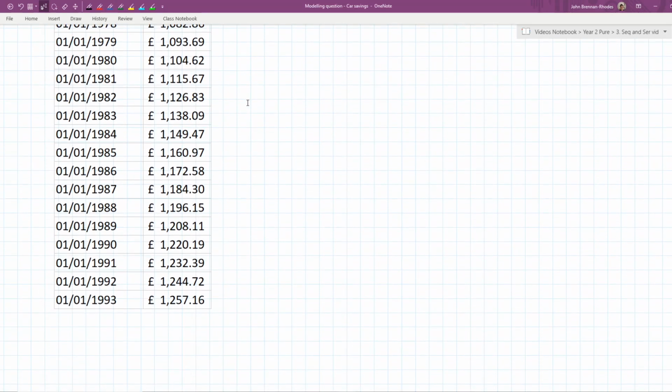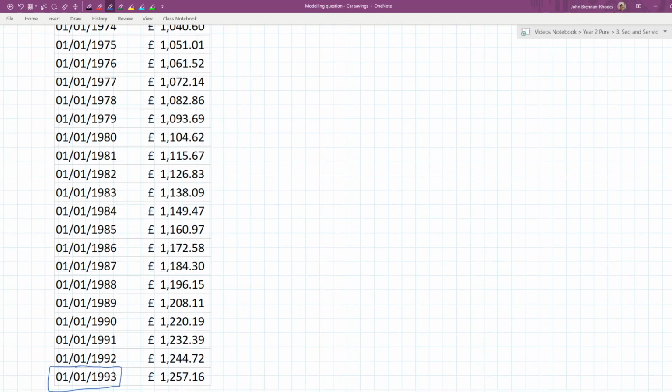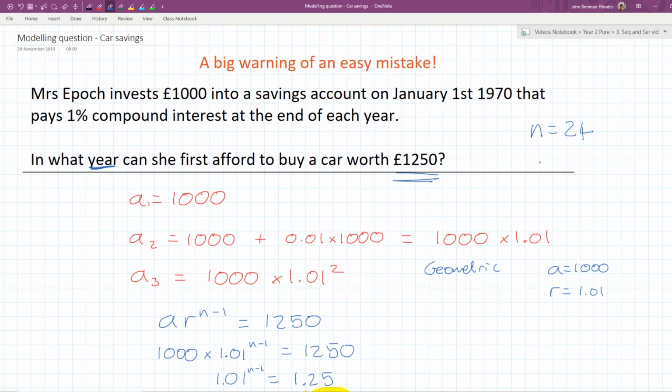When does it go over 1250? It goes over that in 1993. So where's the mistake? The answer is 1993, but we got n was 24. Can you spot it?